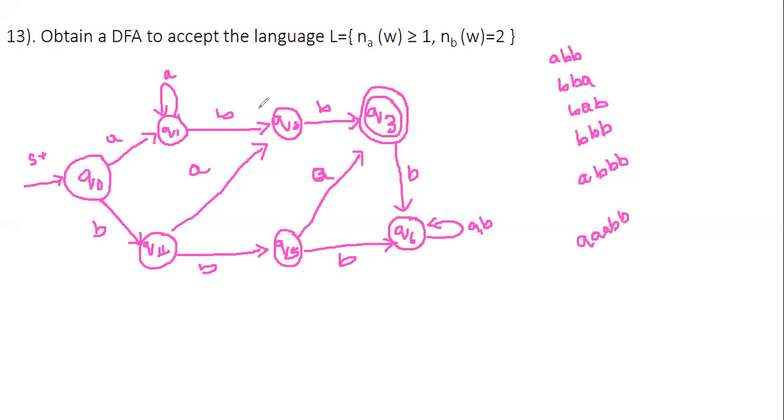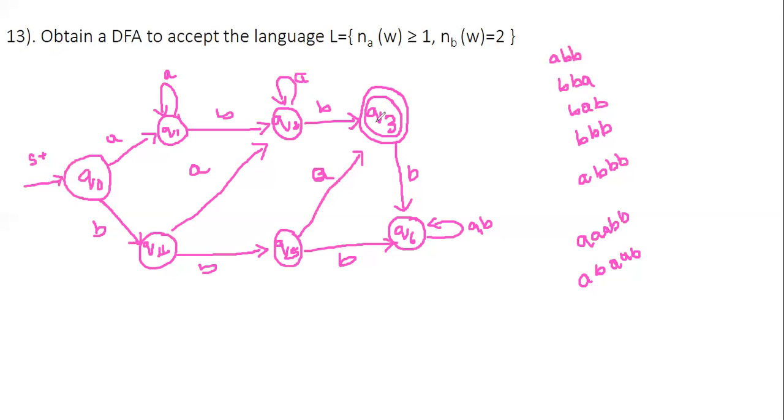Then if you are finding 2 B's, it will be accepted. Then one more condition, A, B, double A, B: whether it should be accepted or rejected. Here also we need to provide a self loop of A exactly.